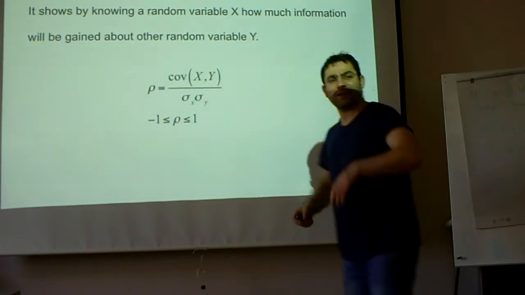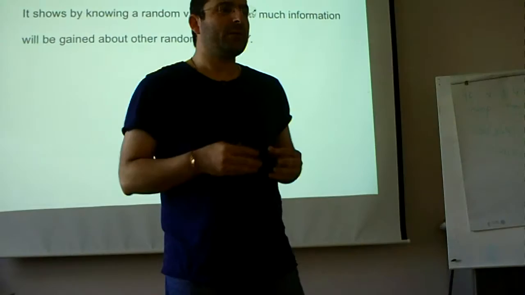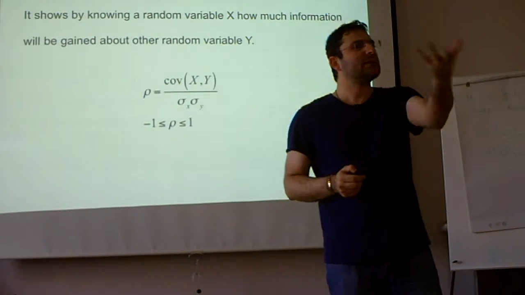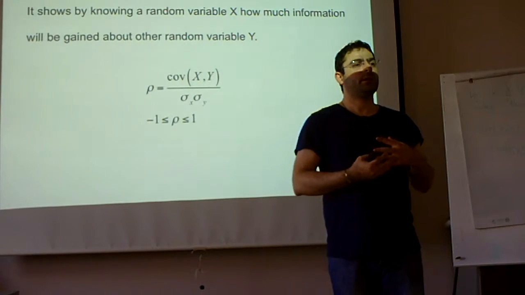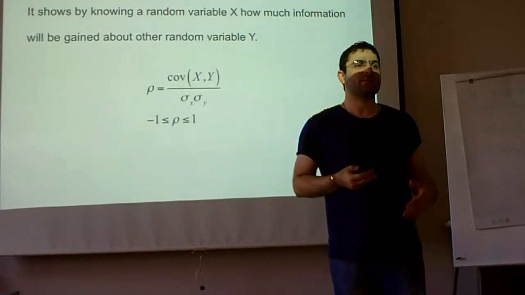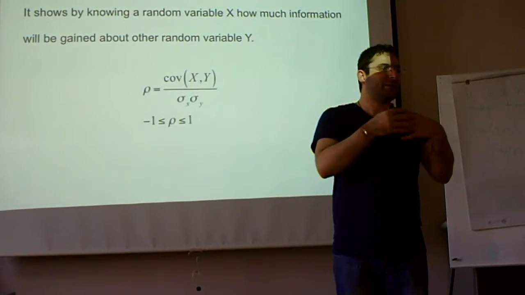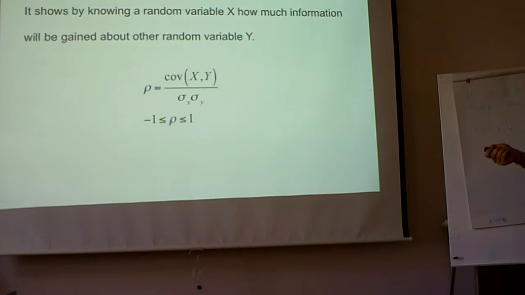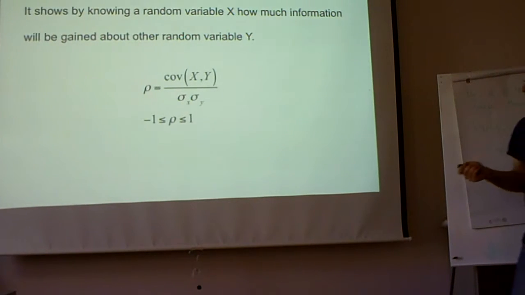Now, that was covariance, big matrices, lots of calculations. But we have something even much simpler that gives us more or less the same results, of course with a different interpretation, when we want to know whether the random variables we have are in the same line or have the same intensity or not. That is called the correlation coefficient.